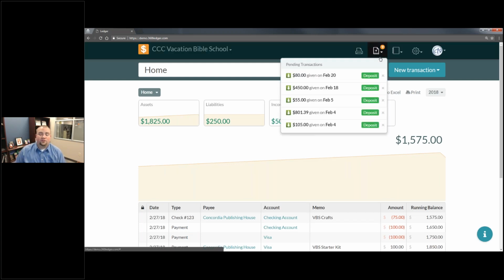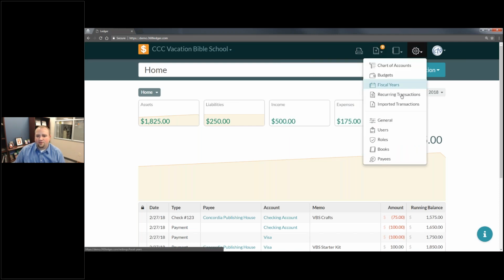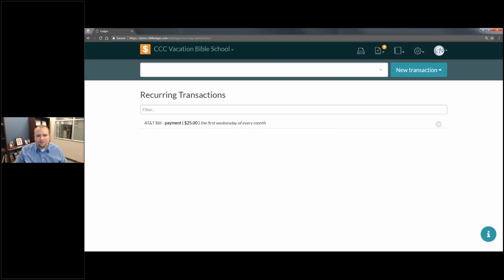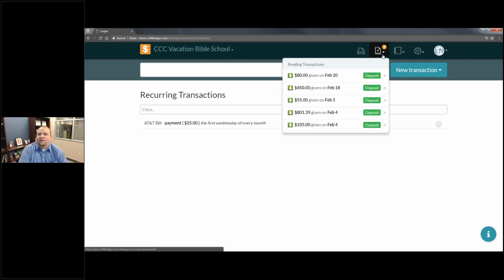When that occurs in the schedule, so that Wednesday when it comes up, it'll show up under my pending transactions. I can also go to settings and recurring transactions to see all that I have and edit it there. So the first Wednesday of the month, it shows up as a pending transaction. Now, a few other pending transactions.